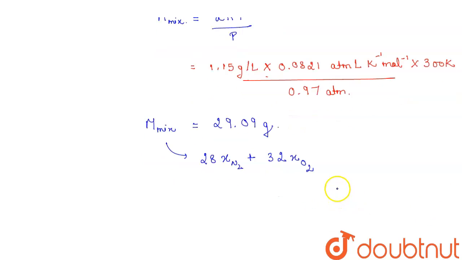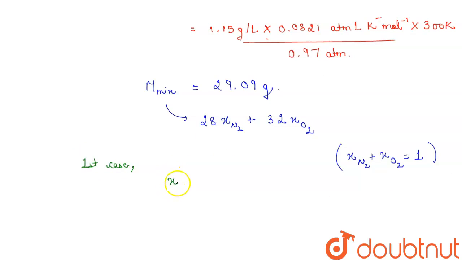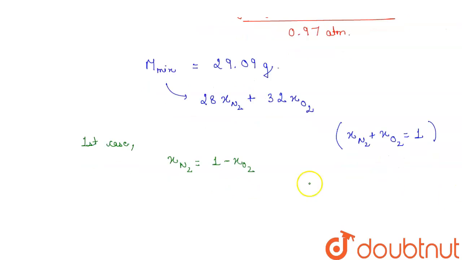And we know that the overall composition, mole fraction of N2 plus mole fraction of O2, will be equal to 1. Now moving forward, after this we will consider two cases. The first case is when the mole fraction of N2 is equal to 1 minus the mole fraction of O2, and we will use this expression here.